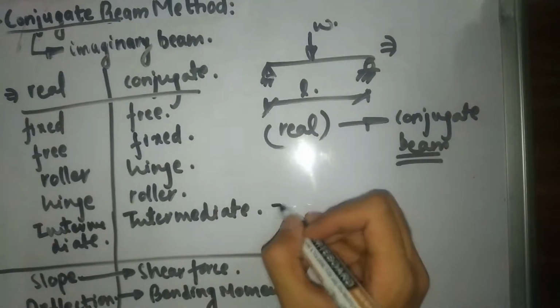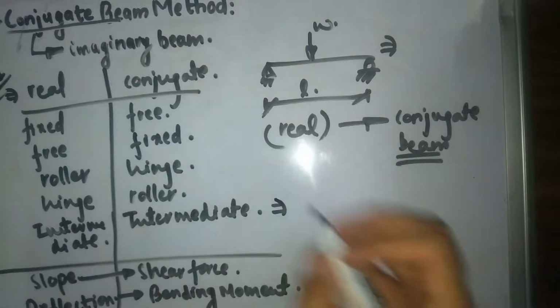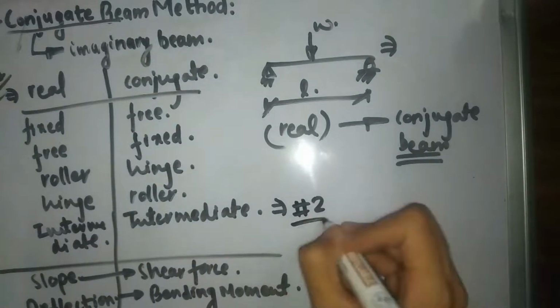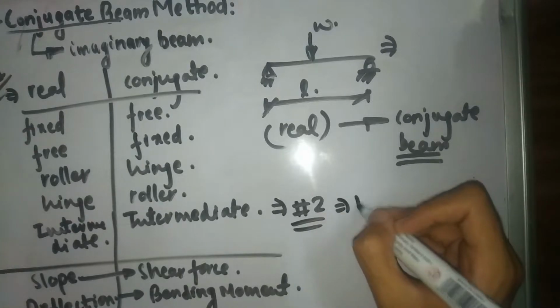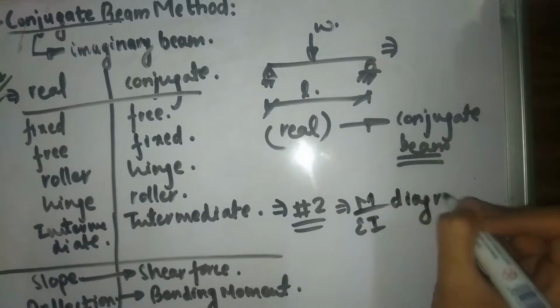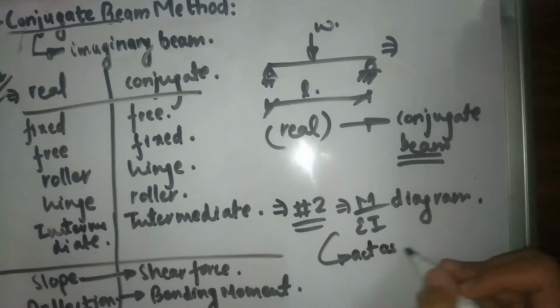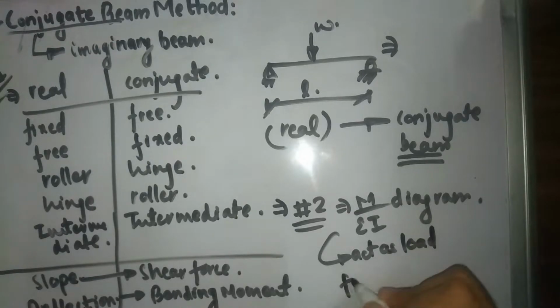My second important point is we need to draw firstly our M by EI diagram. M by EI diagram will act as load for our conjugate beam.